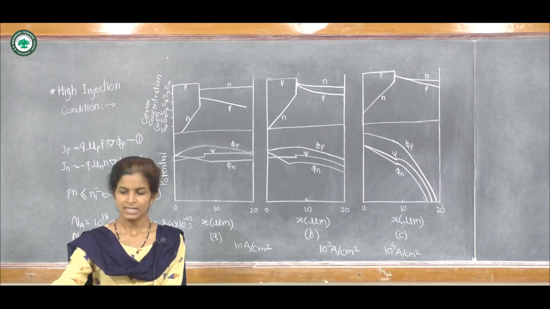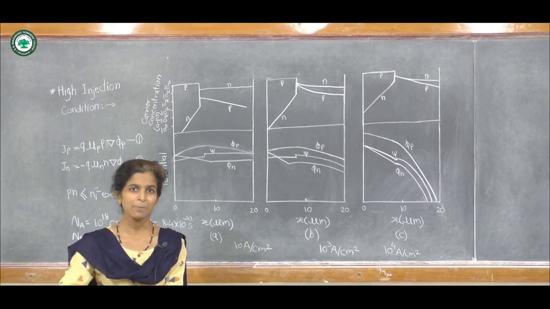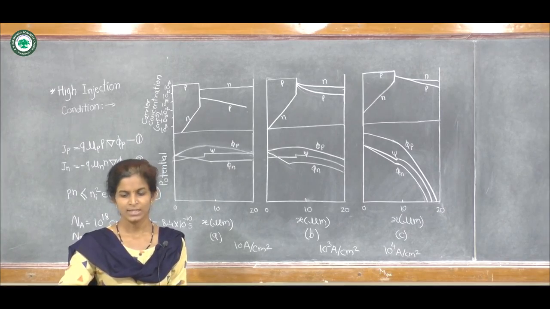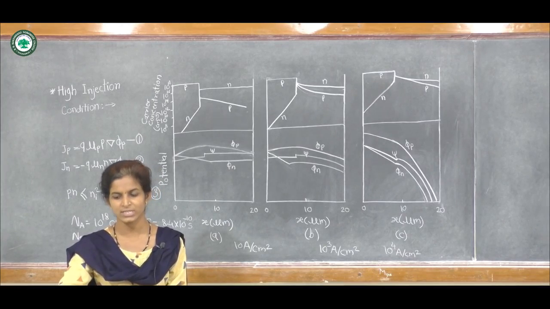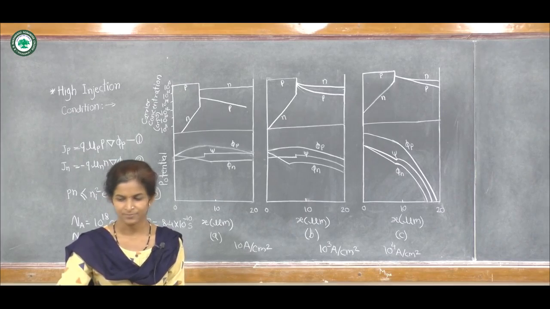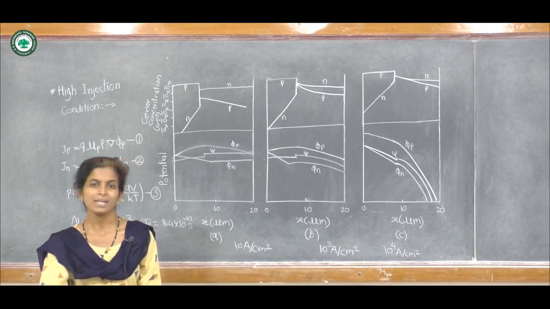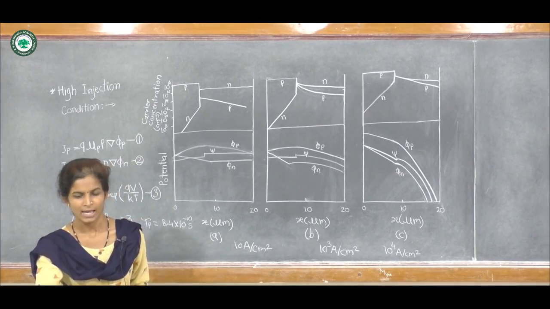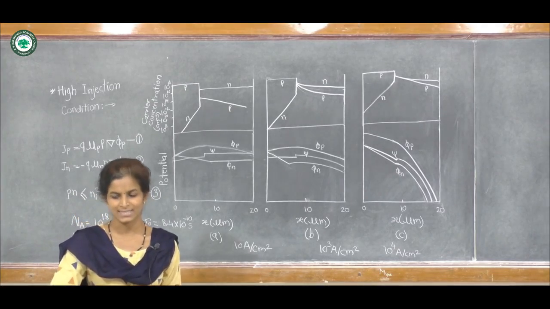At 10 raised to 3 ampere per centimeter square, the electron concentration near the junction exceeds the donor concentration appreciably. An ohmic potential drop appears on the N side.